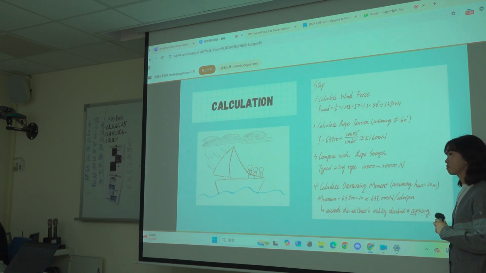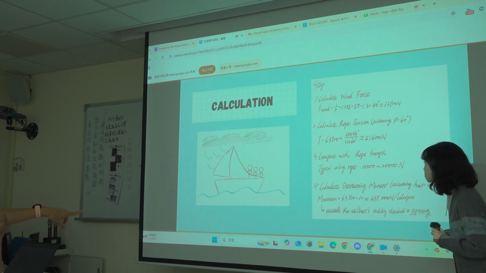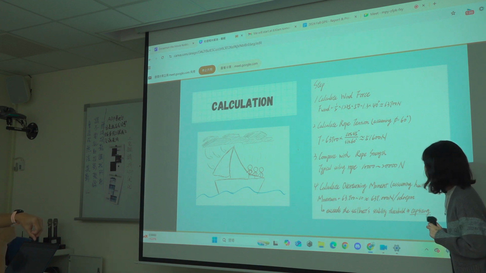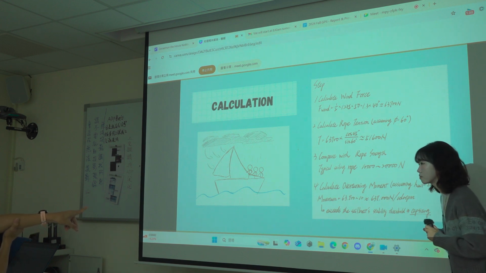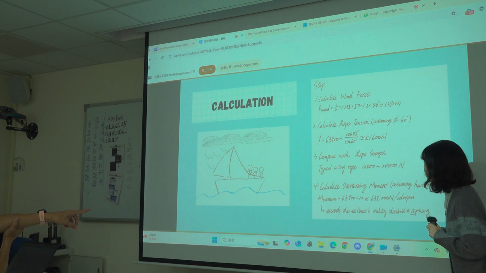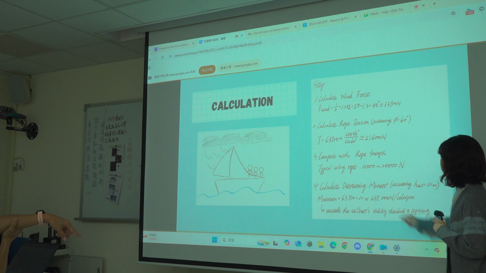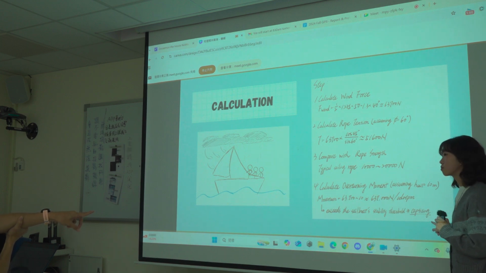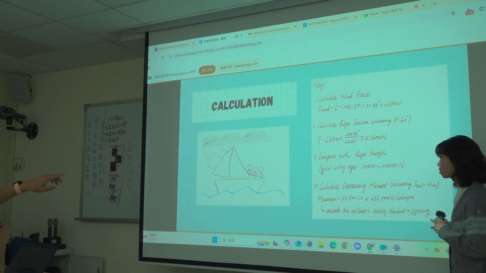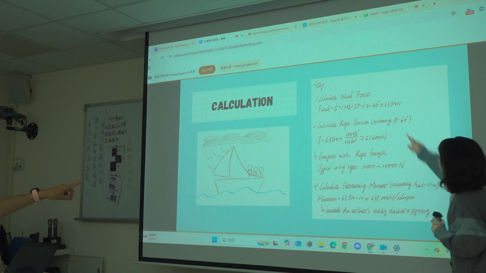Okay, so in your report, can you calculate how much wind the boat can tolerate? The overturning moment, right? There's some threshold number for capsizing. So what is the number, and how strong a wind can the boat tolerate? The wind speed is 40, yeah.